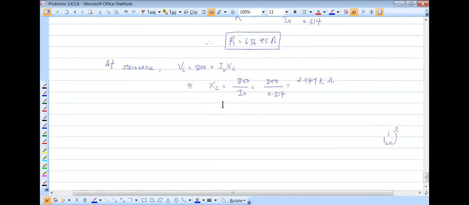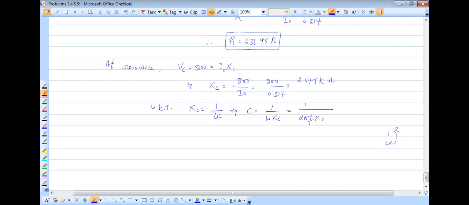Now look at this. Since we know XC, what is C given by? We know that XC is 1 by omega C. This implies that C is 1 by omega XC, which means it is 1 by 2 pi F into XC.